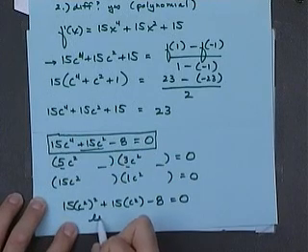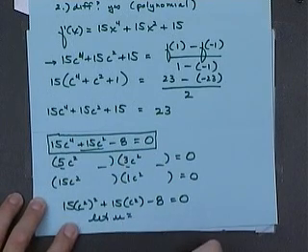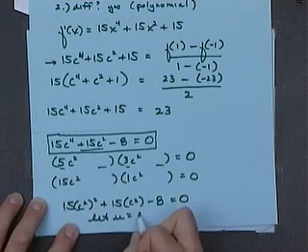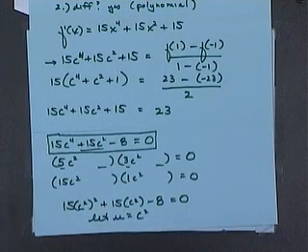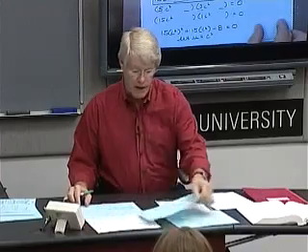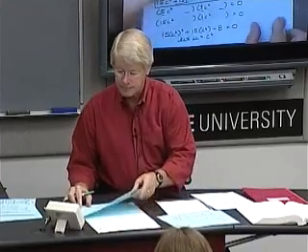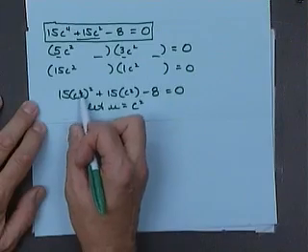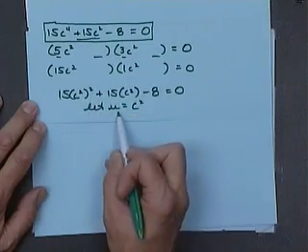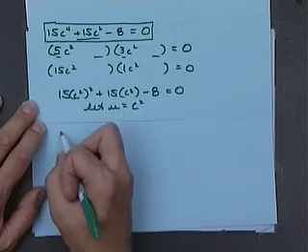So let's let u, or some other letter, temporarily take the place of c squared. And if we do that, c squared squared really becomes what? U squared.